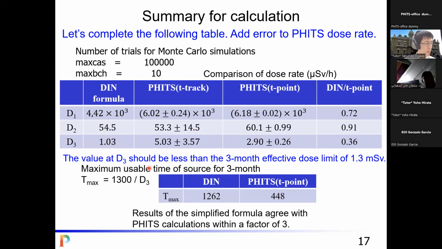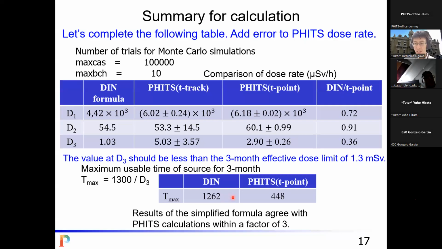But anyways, based on these dose rates, we can finally calculate the maximum usable time of this iridium source within 3 months. That is 1,262 hours based on DIN calculation and 448 hours based on FITS T-point calculation.